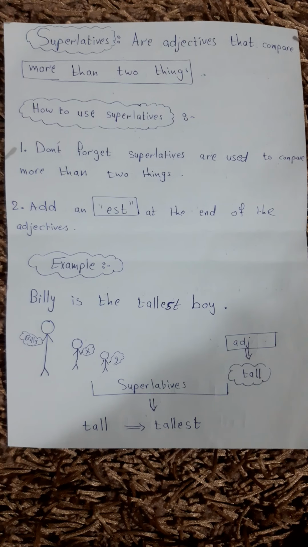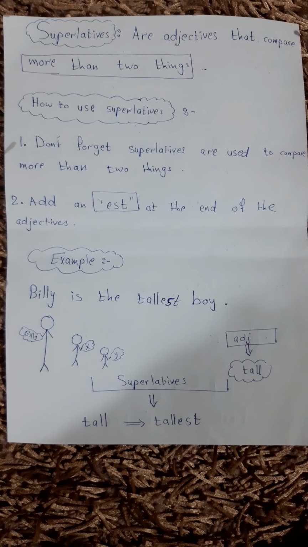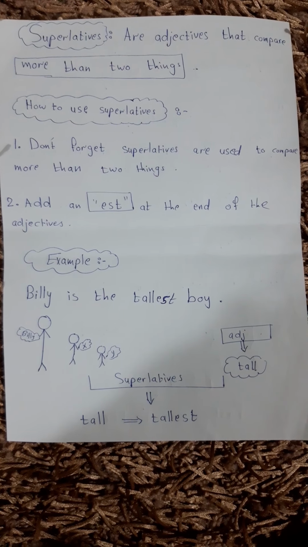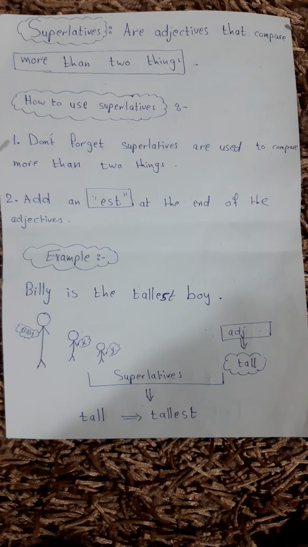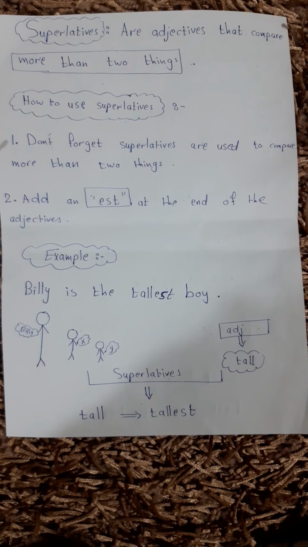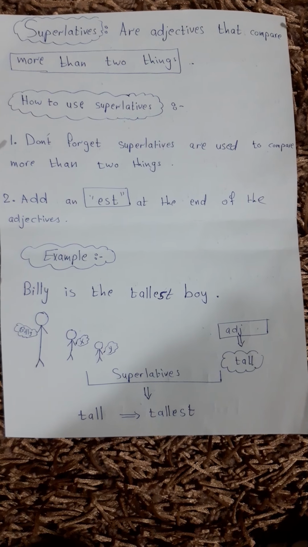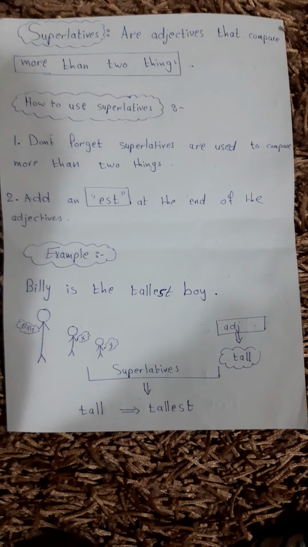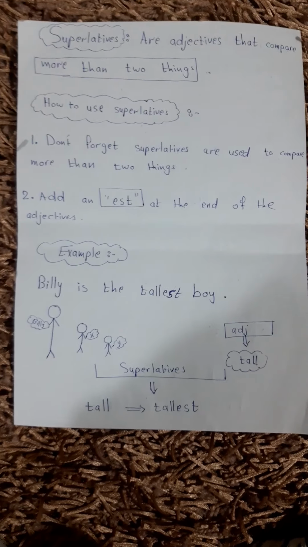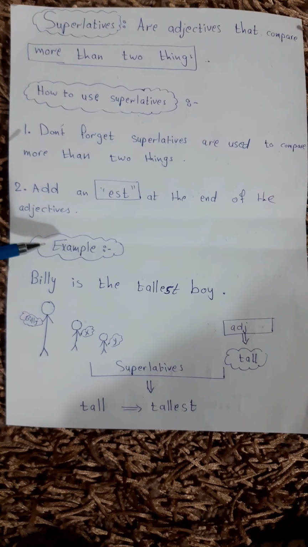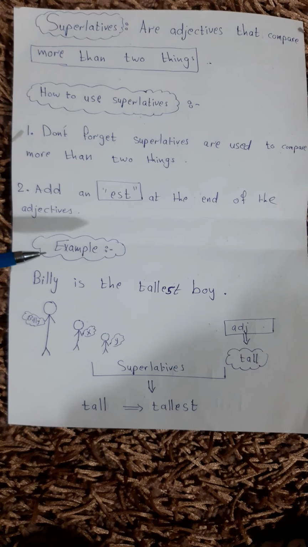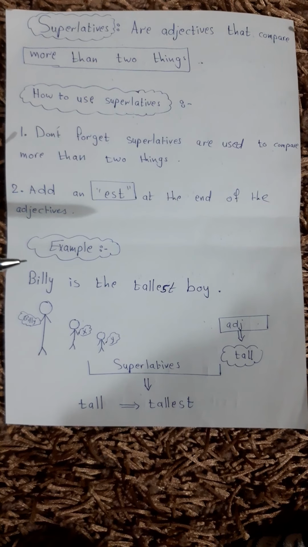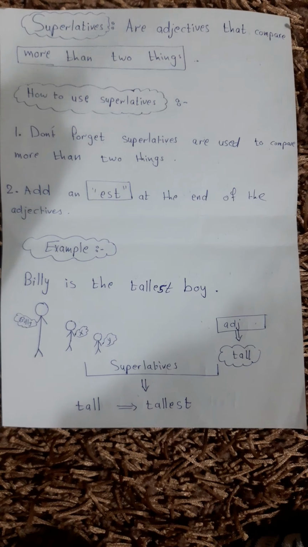For example, tall, tallest, fast, fastest, big, biggest, small, smallest. Example: Billy is the tallest boy.